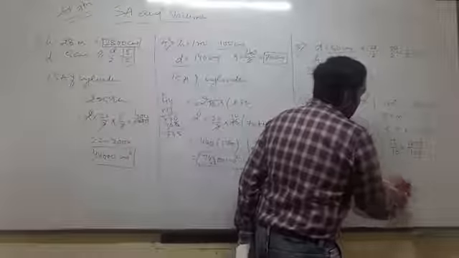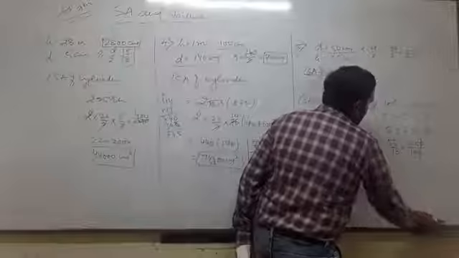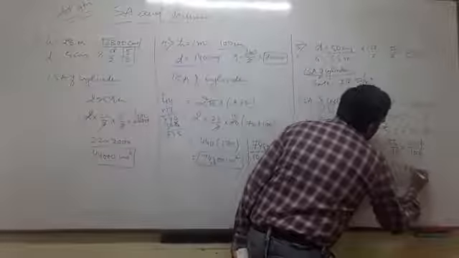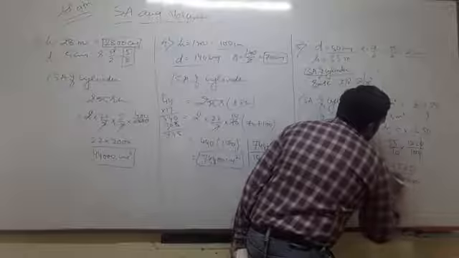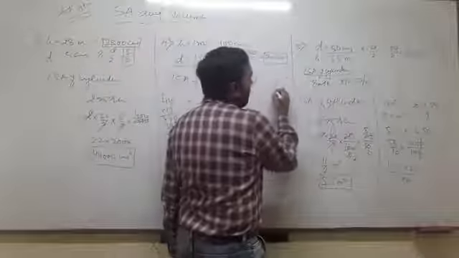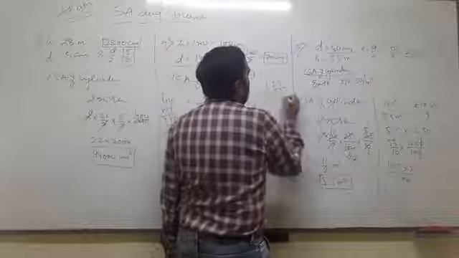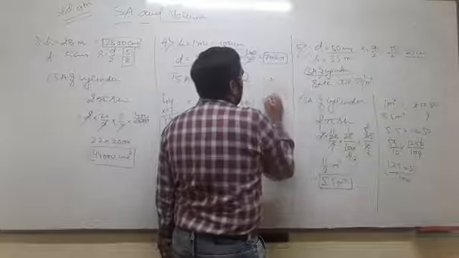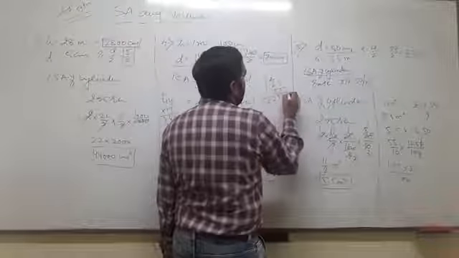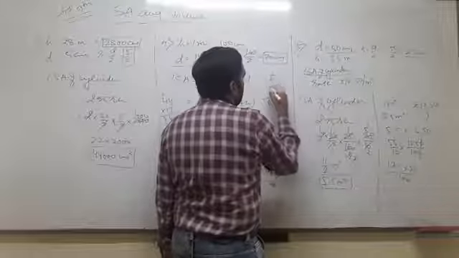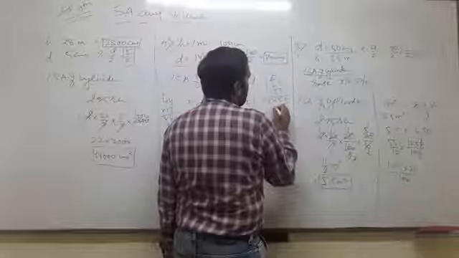Okay, that's difficult. So 125 into 55 by 100. Now just multiply 125 by 55. 5 fives are 25, 5 twos are 10 plus 2 is 12, 5 ones are 5 plus 1 is 6.